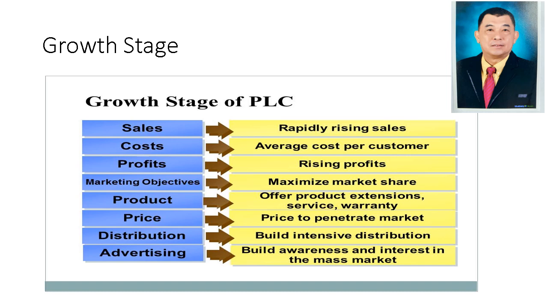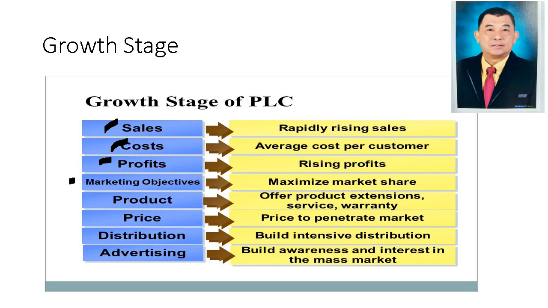Several product lifecycle strategies for the growth stage can be used to sustain rapid market growth as long as possible. Okay? So you can see here that your sales are increasing. Your cost is decreasing because of the economies of scale. You can really feel your rising profits.